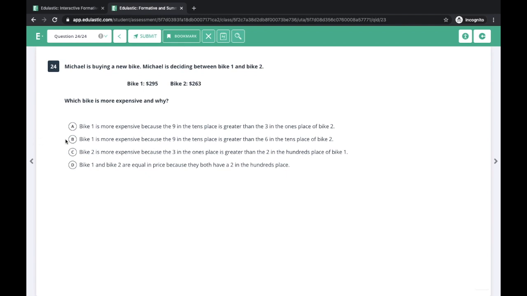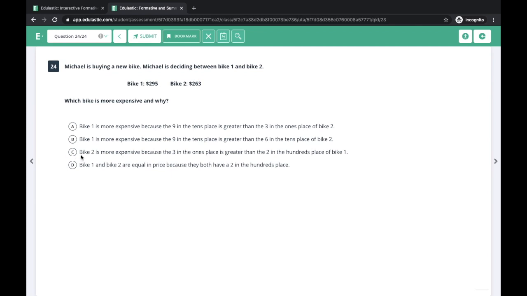B: Bike 1 is more expensive because the 9 in the tens place is greater than the 6 in the tens place of bike 2. Now, those are the two numbers that we compared. We started with our hundreds, and our hundreds were the same, so we moved to our tens place. Our 9 was greater than our 6. So let's keep answer choice B in mind while we read the rest of our answer choices.